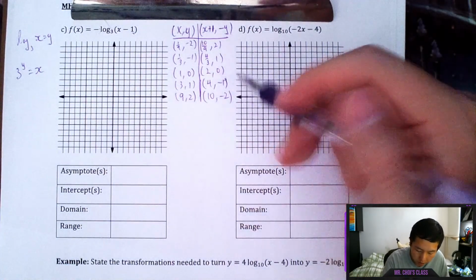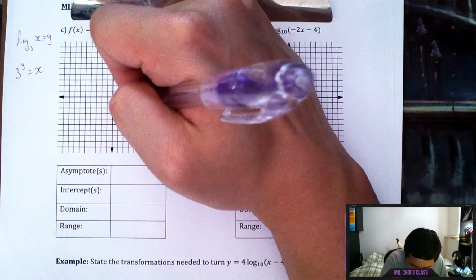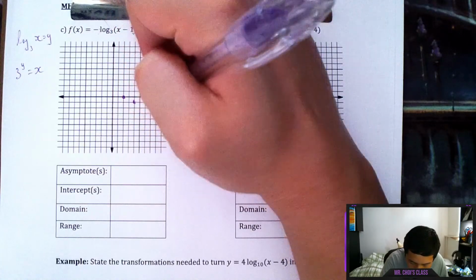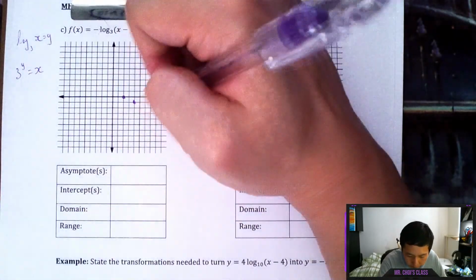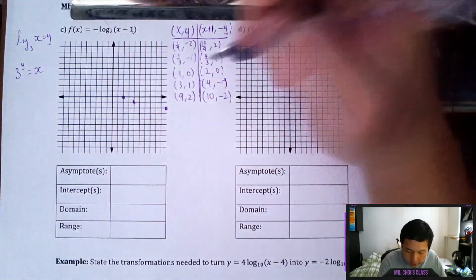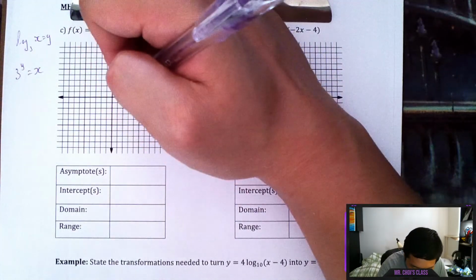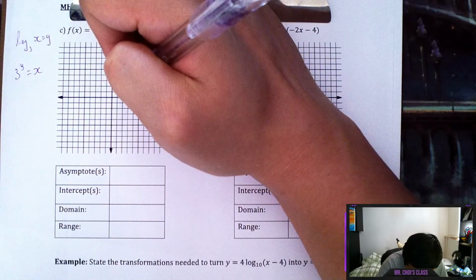So I'm going to start plotting out 2, 0, 4, negative 1, and then 10, negative 2. 5, 6, 7, 8, 9, 10. And so we have our point here. And then let's try to plot 4 over 3 as best as possible. So 1 and 1/3 and 1, so maybe somewhere around here.